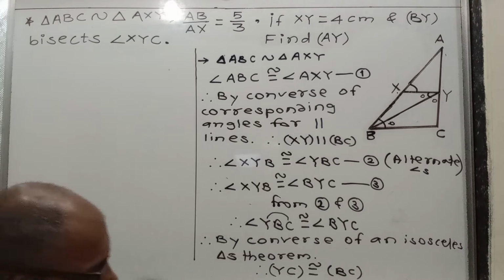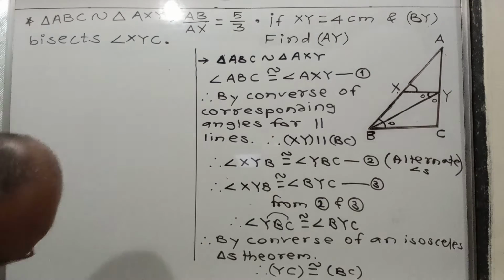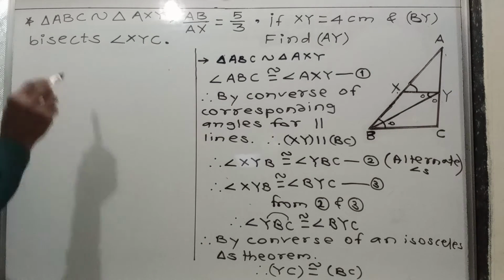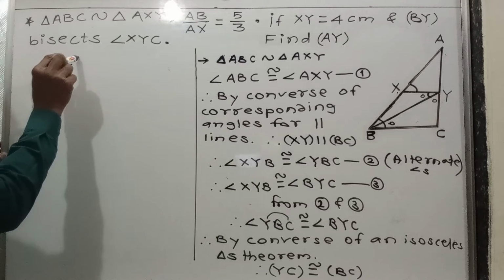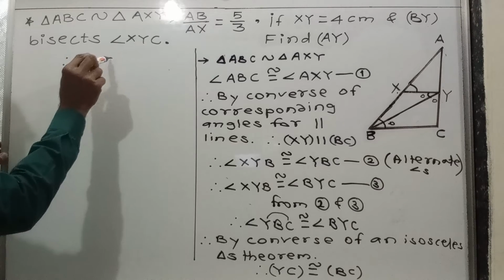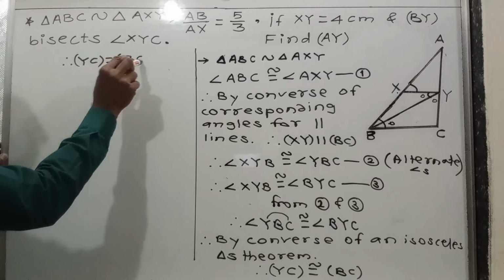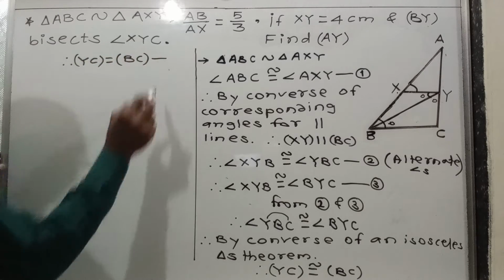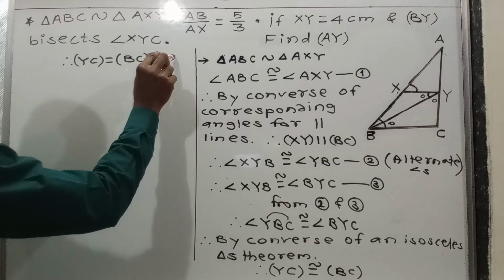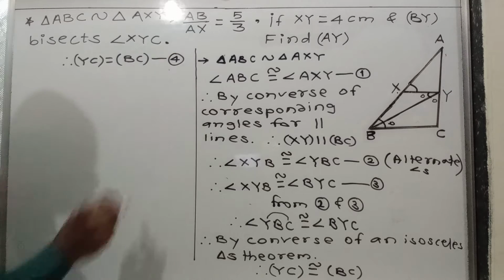Instead of congruent we write equal to. Therefore YC is equal to BC. This is very, very important, and this is our number 4.